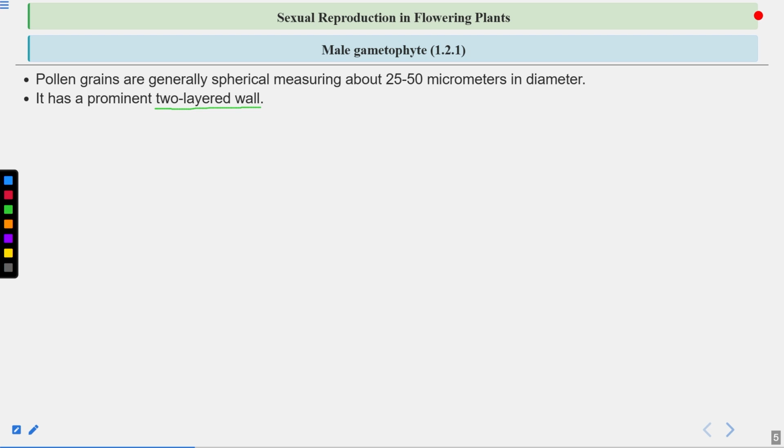Intine and exine. Very good. Yes, they are having the two layers. The outer wall is called exine, as it is present outward. And the inner one is called intine.